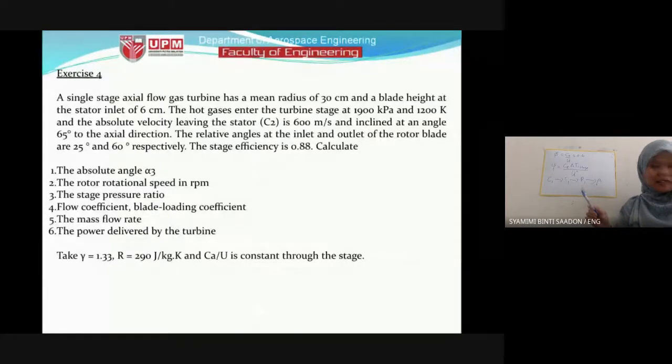And then calculate the area. Diameter is given here. And finally, you get the mass flow rate, rho 1, CA, the axial direction of the velocity, and the area. So this is the same as previously.